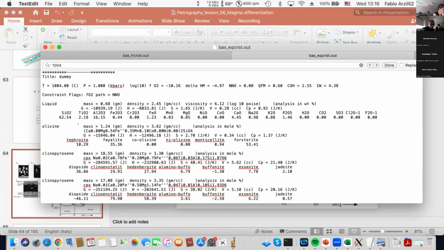We have, for each phase of the study, the Gibbs energy and then the entropy and volume. Yes, exactly.